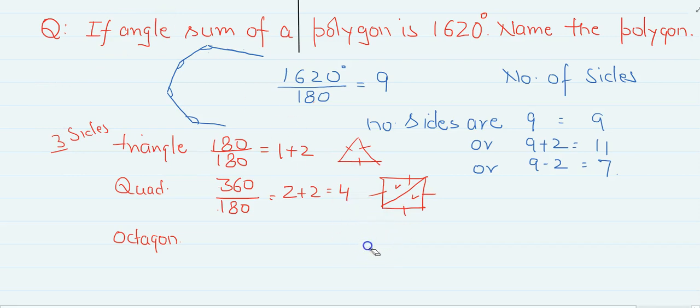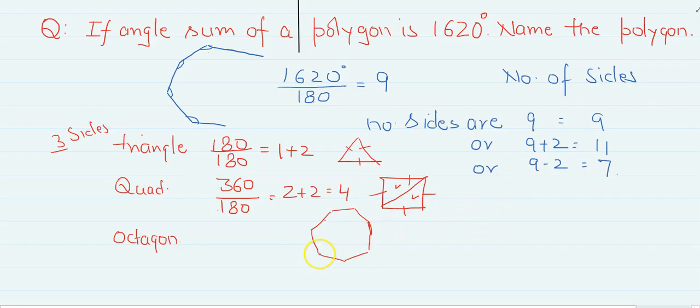Let's make 8 sides. So that is 1, 2, 3, 4, 5, 6, 7 and 8. Okay, it's a crooked one, but anyway, these are 8 sides.